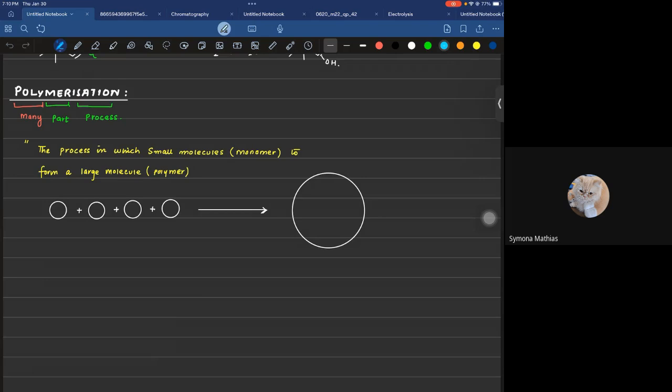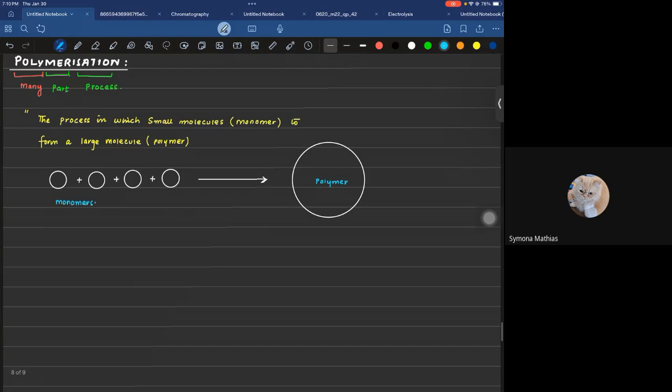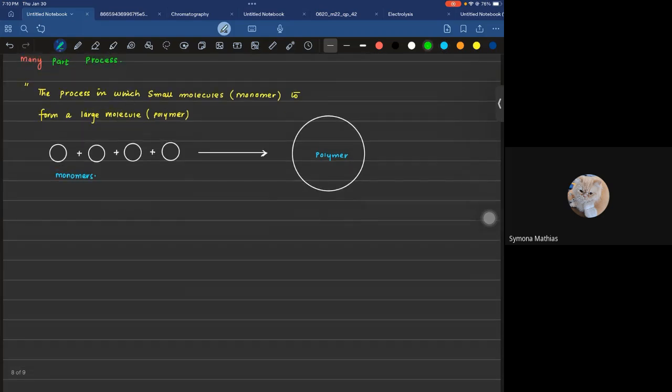So this is the polymer, and these are monomers. That's it. Obviously this reaction is not possible at standard conditions. Higher temperature and higher pressure are required. Sometimes a catalyst is also required.